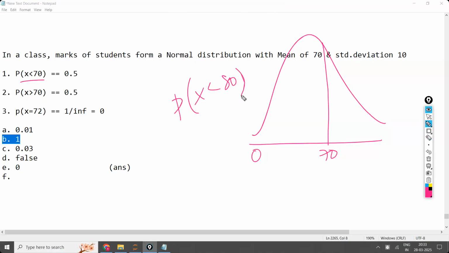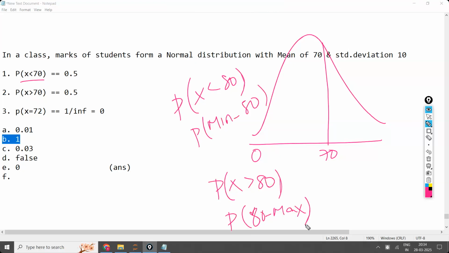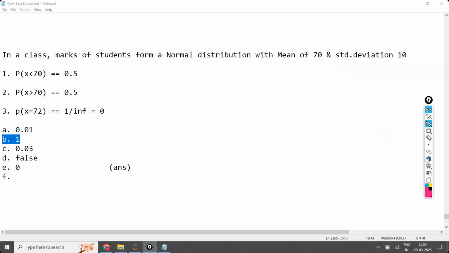X less than 80 means minimum to 80, cumulative. If you are asking the probability of x greater than 80, you are calculating for the interval 80 to maximum. So always you are calculating for an interval only. Till now we have never calculated the probability of a single value. The probability of any single value is 0.